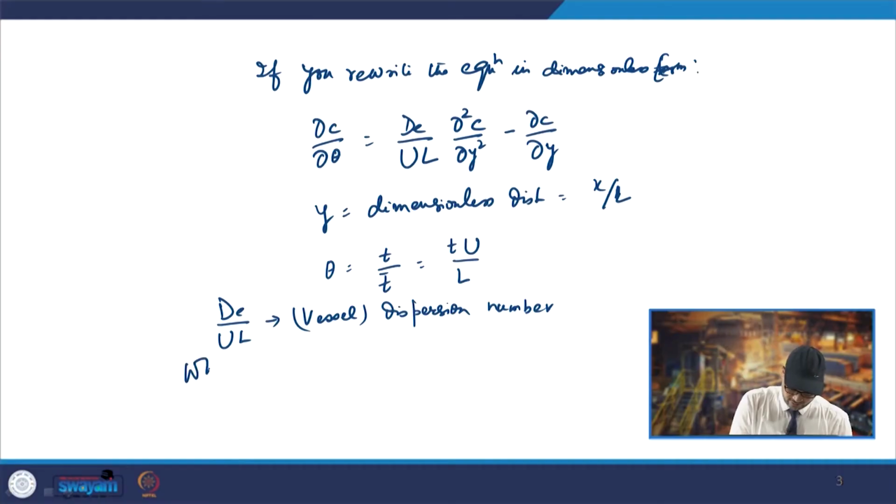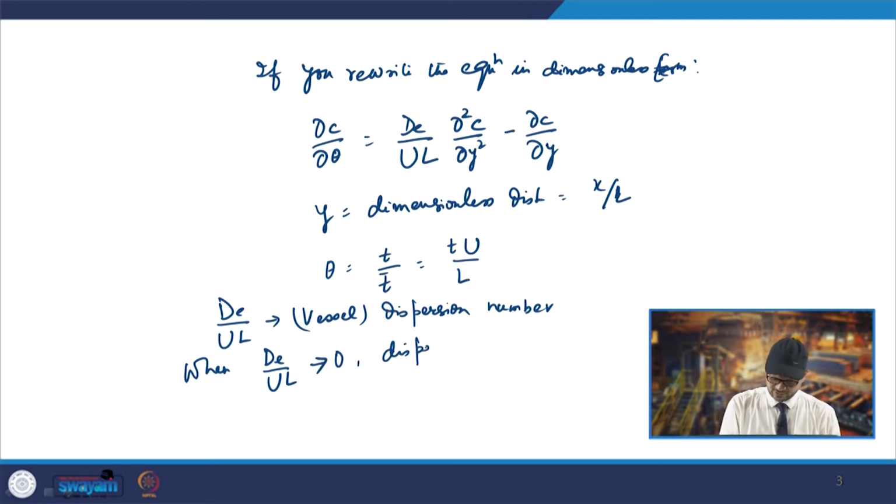When your dE by UL is approaching towards 0, it means the dispersion is negligible. So the dE term is negligible, and once it is negligible, you will have the prevalence of the plug flow.